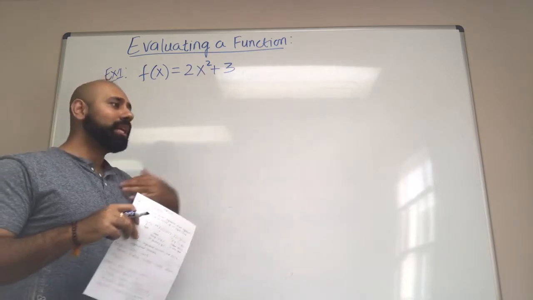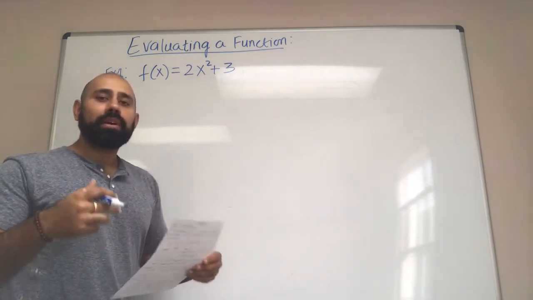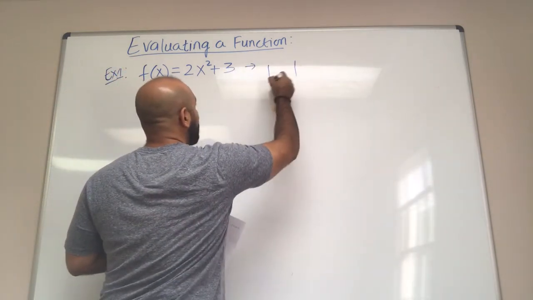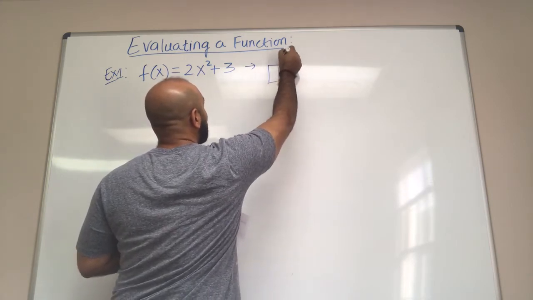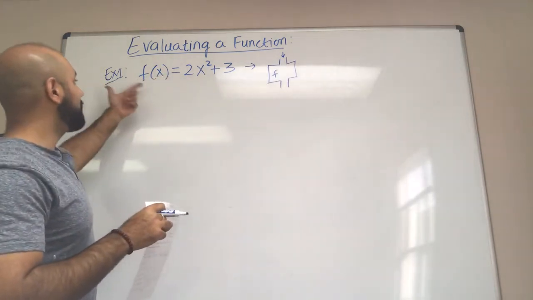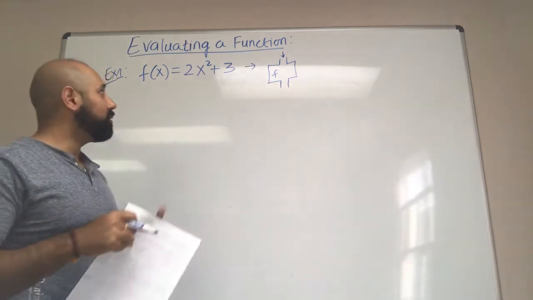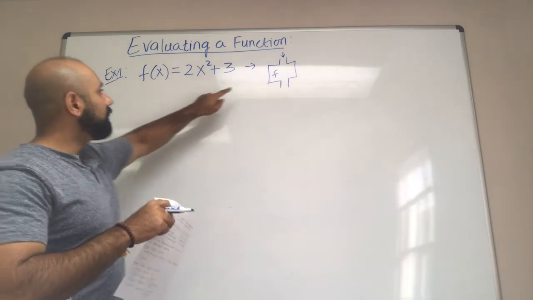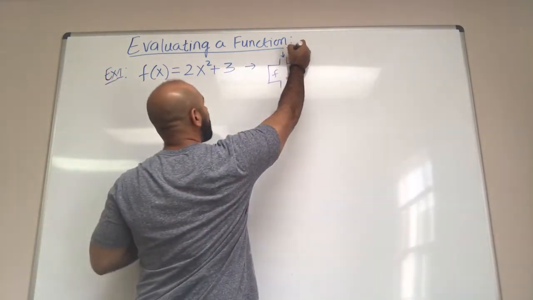Sometimes I also like to think of function notation and functions in general as a function machine, and I encourage my students to think like that. So this is a function machine which we can call f, because here I'm calling it f. It can also be g or h or anything, but usually we like to use f, g, and h. What goes inside the function machine is the input x.